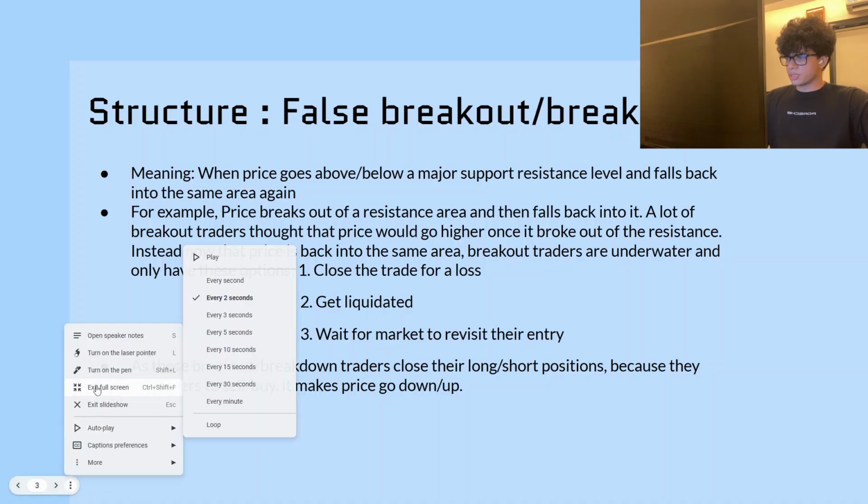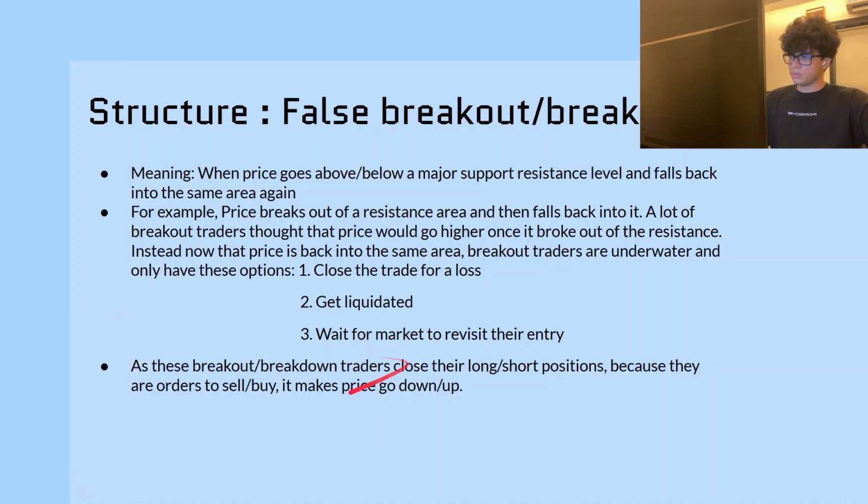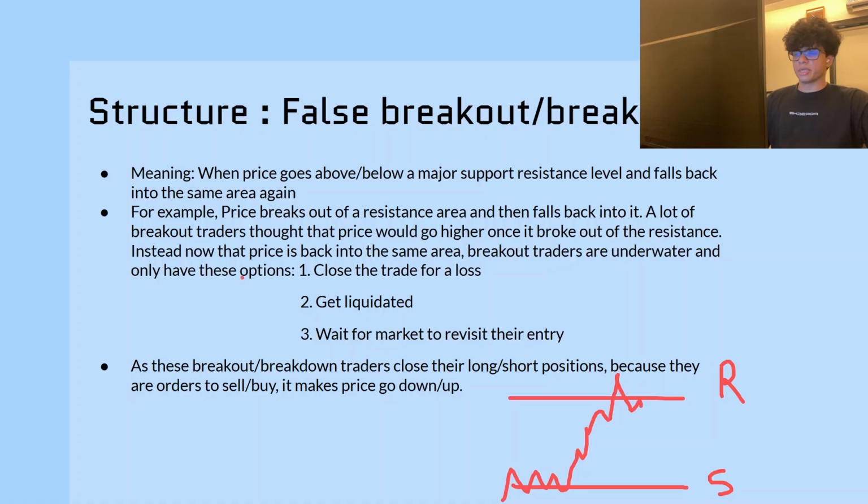So, like I showed you guys, this is resistance and this is support. Price is here, it goes here, breaks resistance, falls back into the same area, same range, and price goes above or below a major support or resistance area and falls back into the same price range, right?